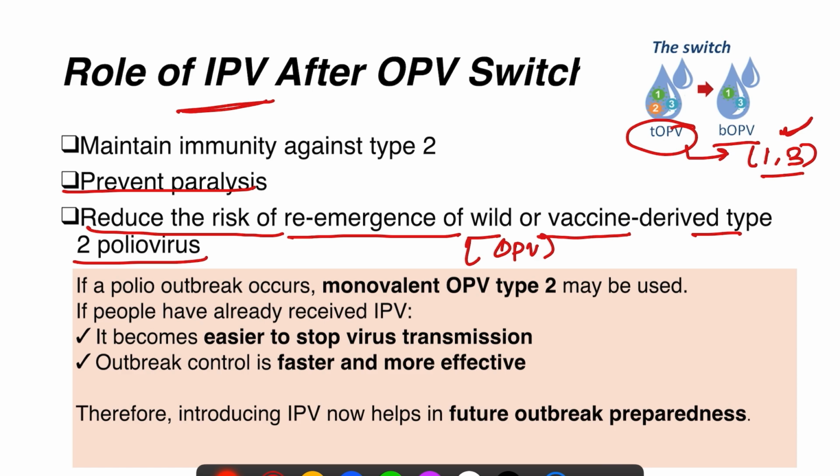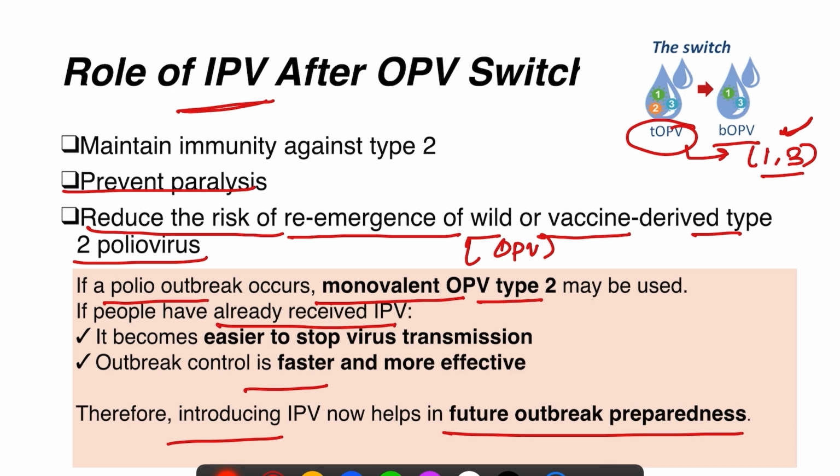Another important role is that in case of a polio outbreak, the monovalent OPV type 2 may be used. If the people have already received IPV, it will be easier to control the outbreak in a faster and more effective way, and easy to stop the virus transmission. Therefore, IPV helps in future outbreak preparedness.